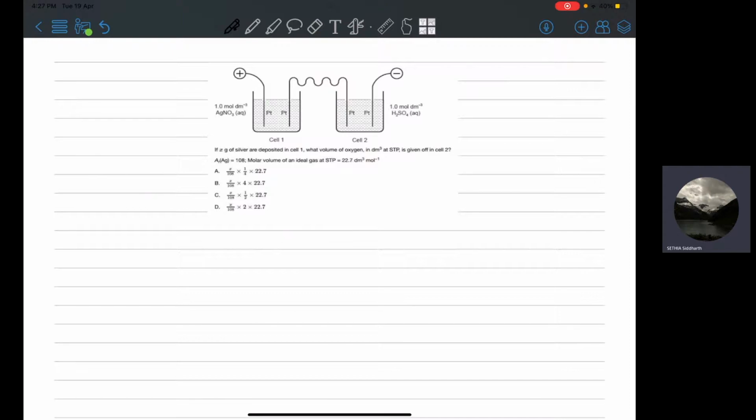Now, the key part to look at in this question is what volume of oxygen in dm cubed at STP. So generally, how would you calculate the volume of oxygen in dm cubed at STP? Well, the formula for that is the moles of oxygen times 22.7. And this is to calculate the volume of any gas at STP.